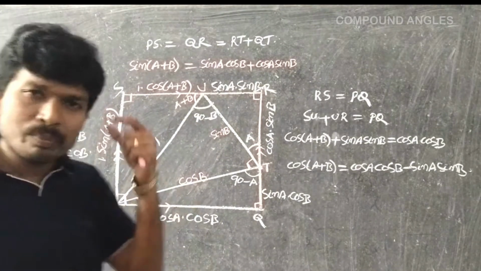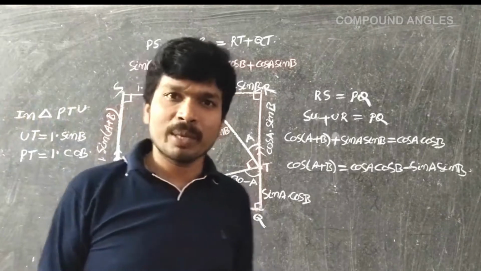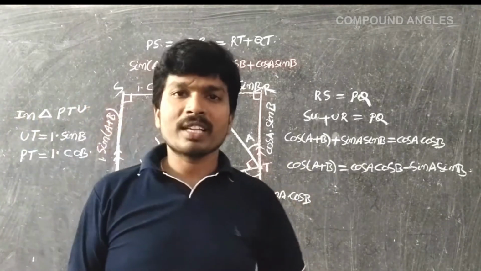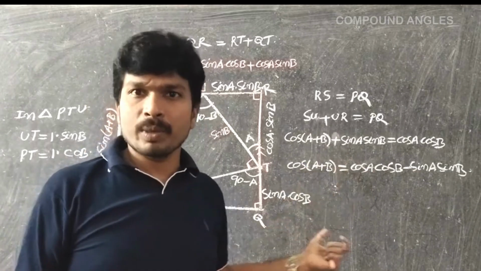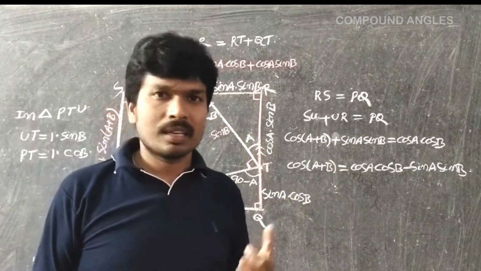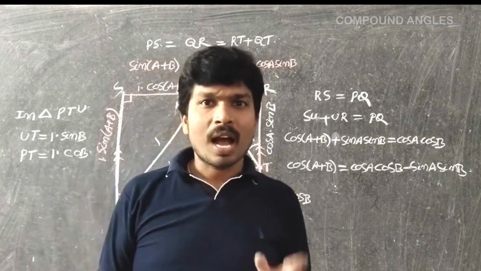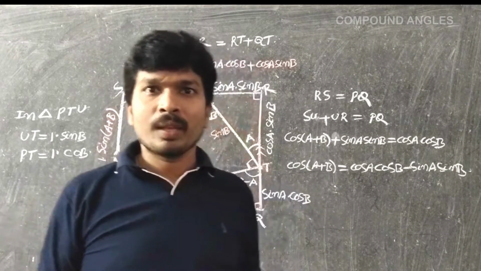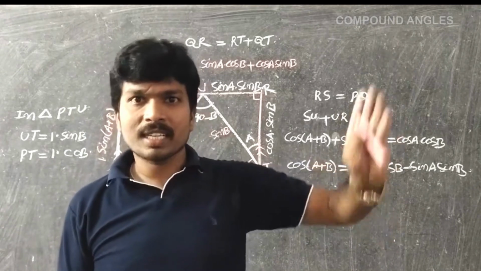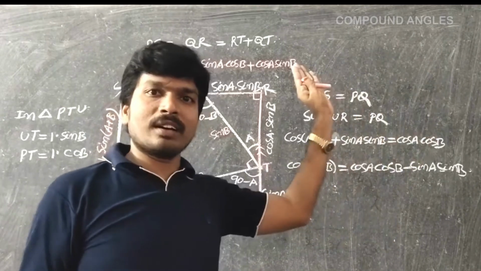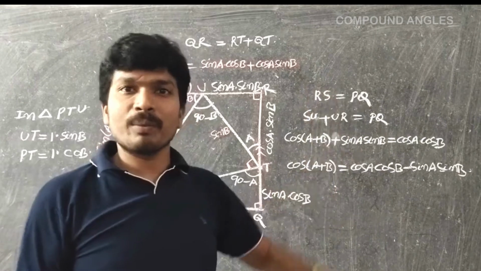Because simply by using common sense, tell me the cos of A plus B formula. Yes, cos of A plus B is equal to the adjacent side of A plus B by the hypotenuse. Is the hypotenuse 0? Hypotenuse is never 0. Sometimes the hypotenuse coincides with the adjacent side, sometimes with the opposite side, but it is never 0.